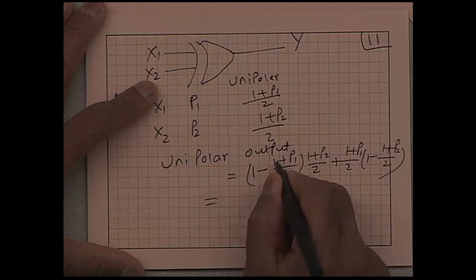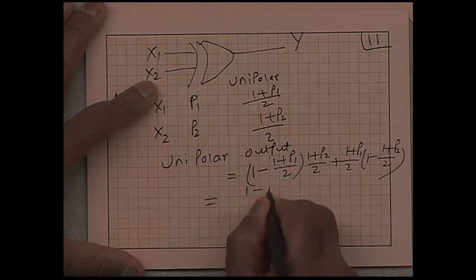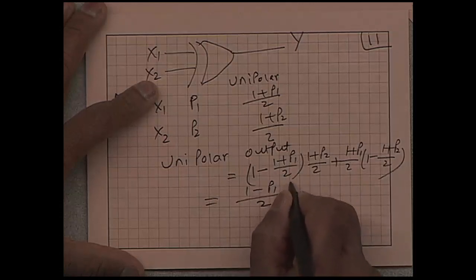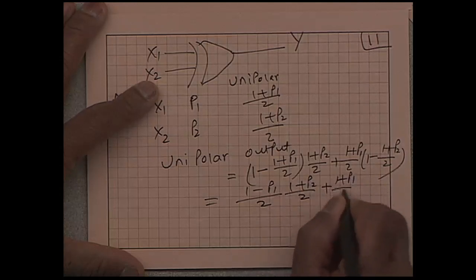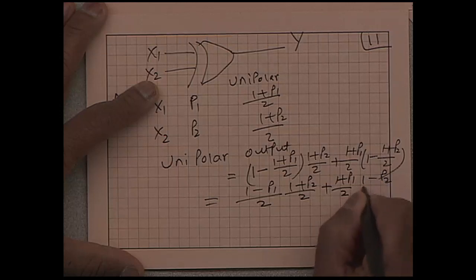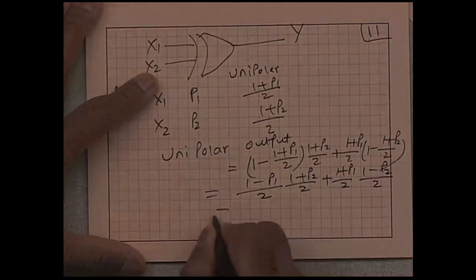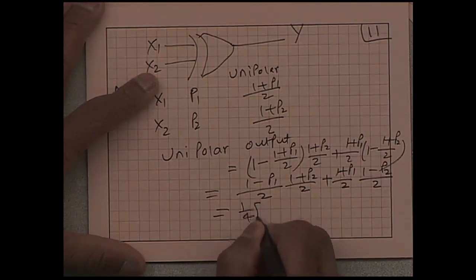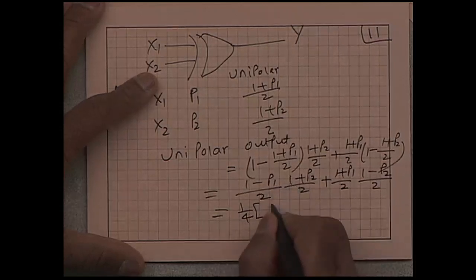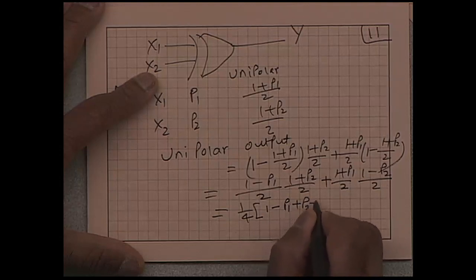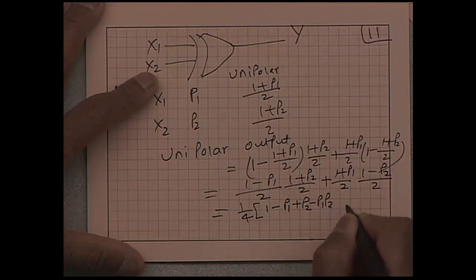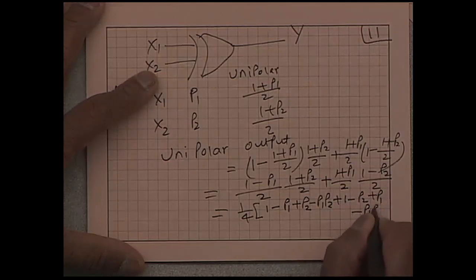So 1 minus P1 by 2 times 1 plus P2 by 2 plus 1 plus P1 by 2 times 1 minus P2 by 2. Let's multiply these, so that's 1 by 4 taken outside a bracket, 1 times 1 minus P1, 1 times P2 minus P1 P2 plus 1 times 1 minus P2 plus P1 minus P1 P2.